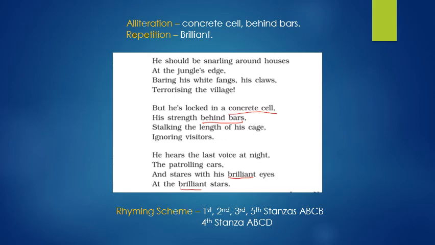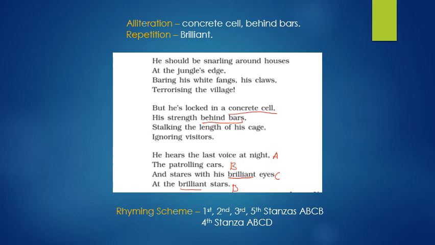Now we understood the poetic devices used in this poem. Now let's move on to the rhyming scheme. In the first, second, third, and fifth stanzas, the rhyming scheme is A, B, C, B. For example, here you can see night is A, cars is B, ice is C, stars is B. So cars and stars rhyme with each other.